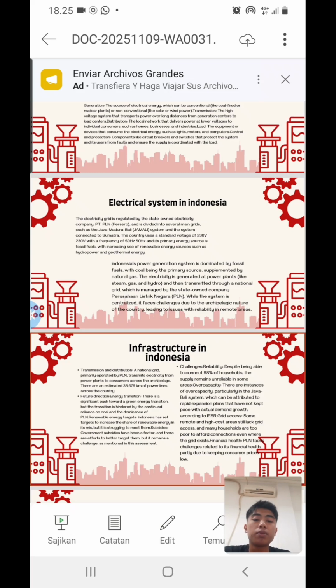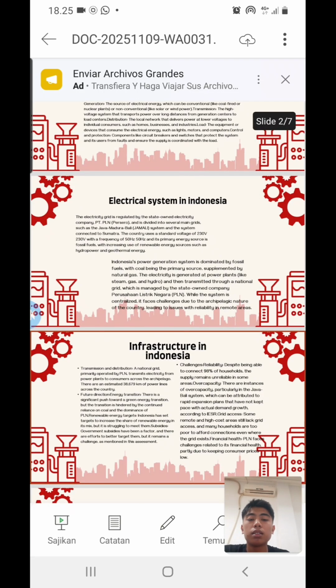It can be increased by a transformer. The electricity can be transmitted over long distances from the power plant area to the consumers like homes, schools, offices, and other industrial areas.